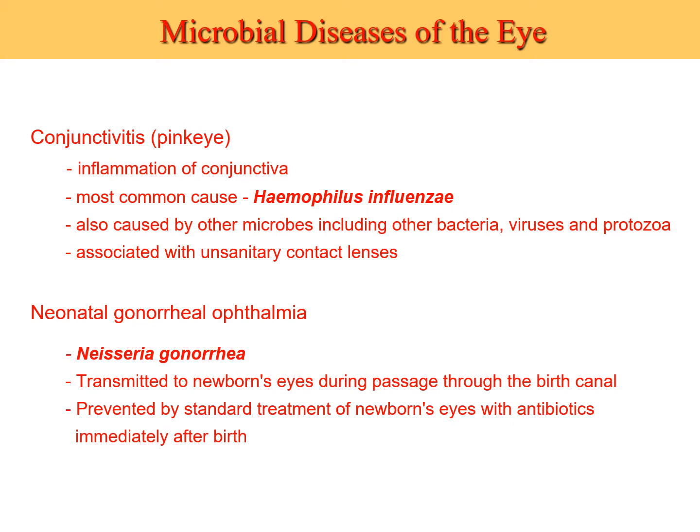It can occur with bacterial infections or viral infections or some physical injury or protozoa infections. The most common cause of conjunctivitis is the bacteria Haemophilus influenzae. But it can also be caused by other bacteria or viruses or protists, protozoa.